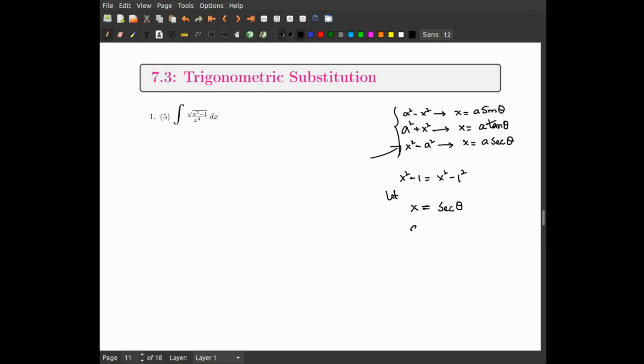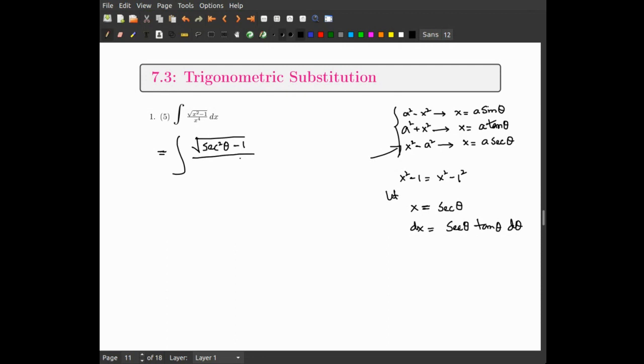Okay, so the next step is to find dx, and the dx is secant theta tan theta d theta. All right, so let's plug in all the values that we know so far. The first one, we have x square minus 1, so that is secant square theta minus 1.